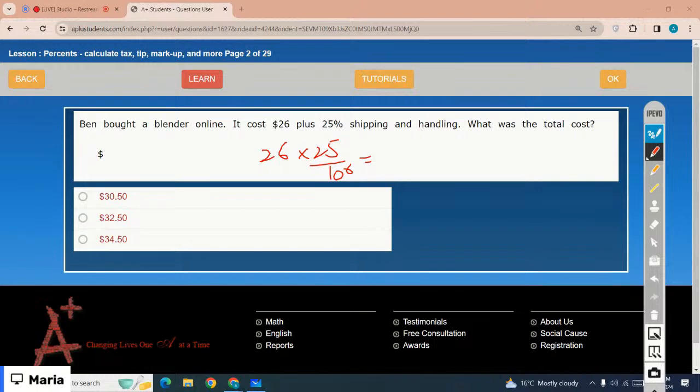So just do the calculations. 26 times 25 is 650, divided by 100, it is 6.5. That means 6.5 is the shipping and handling, and the total amount is 26. So 26 plus 6.5 is 32.5. So the correct option is 32.5, right? Option number 2 is the correct option. Got it?